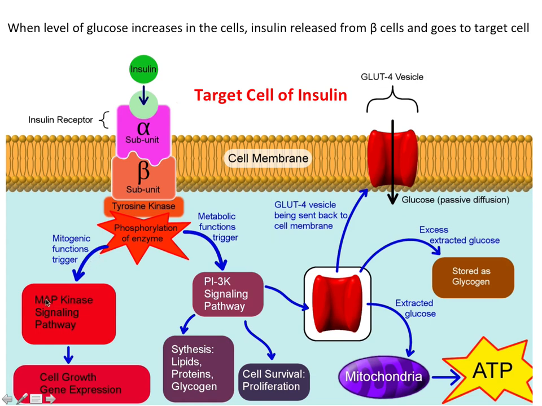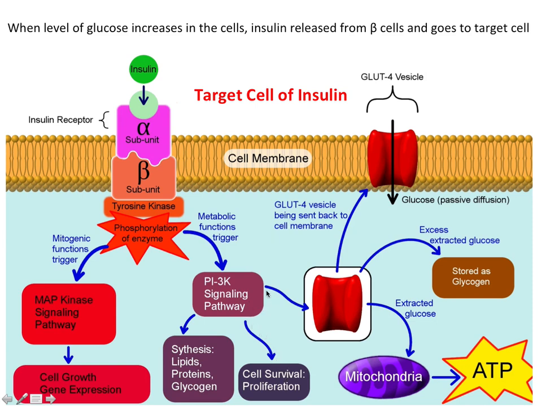It can activate the MAP kinase and further signaling pathway. On the other hand, it can also trigger the metabolic function. It can activate PI3 kinase signaling and other pathways like synthesis of lipid, protein, and glycogen. And it can also induce cell proliferation.